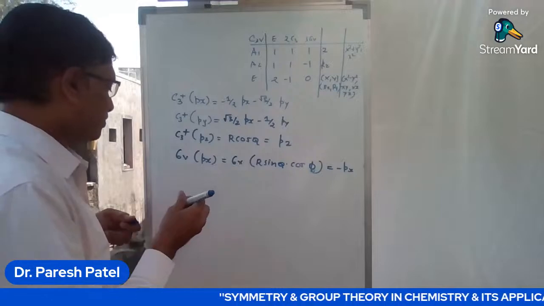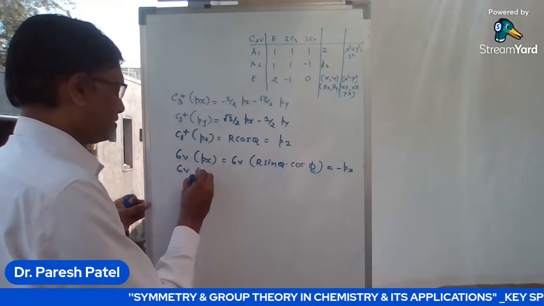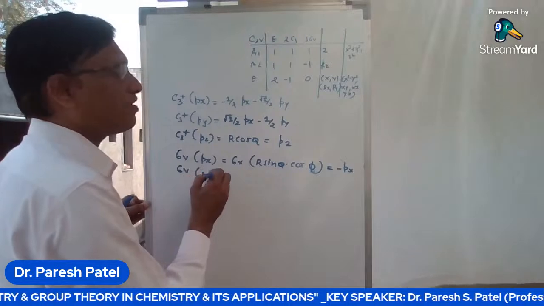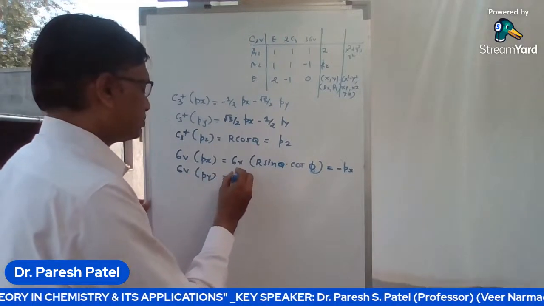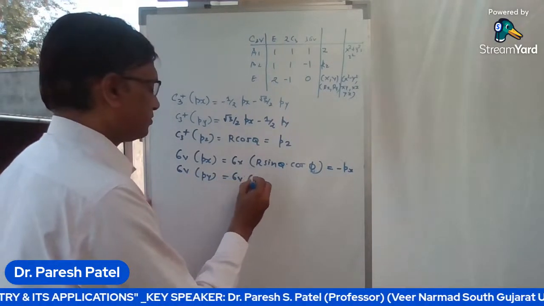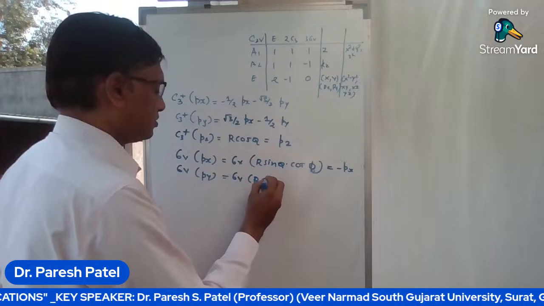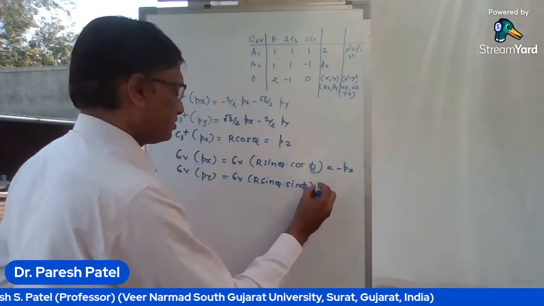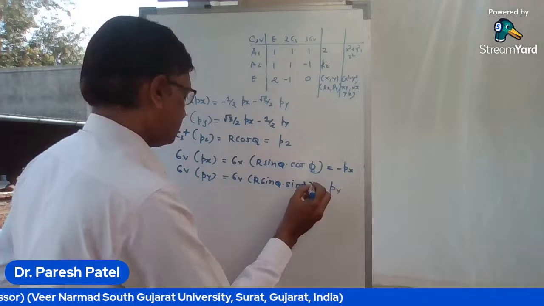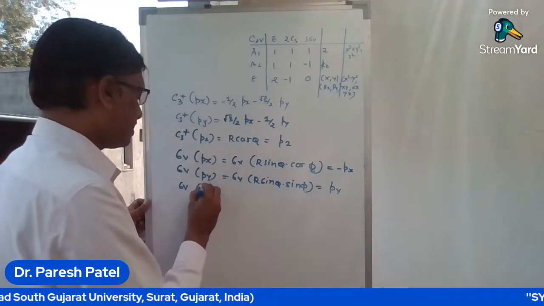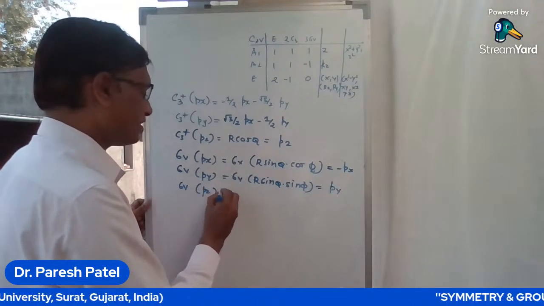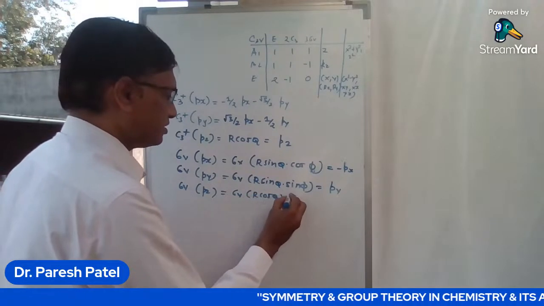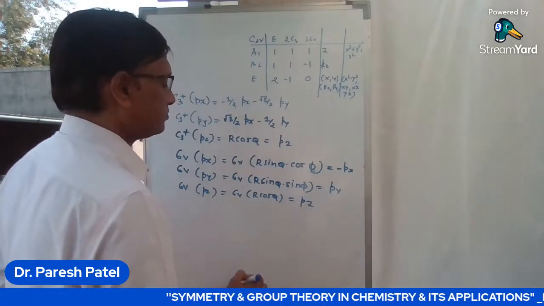Now in the case of py, it is in the same yz plane, so there is no change: r sine theta sine phi is equal to py. Similarly, in the case of pz, this is also in the same plane, so sigma v on r cos theta is equal to pz.